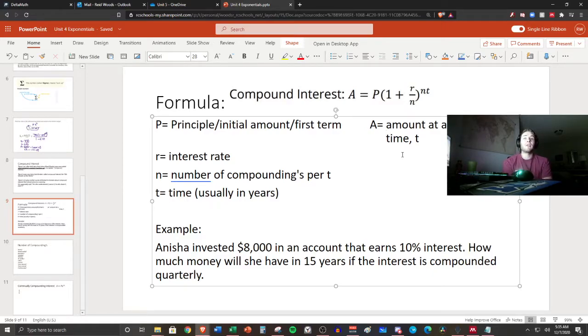How much will I actually pay for that car after 5 years? So we're going to be doing some examples with that as well, probably next lesson. But let's go ahead and look at an example of how we would use this. It's actually a pretty simple process of just plugging parts into the formula.